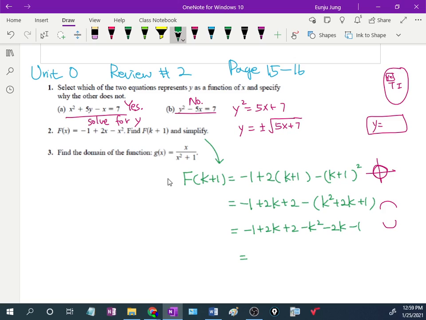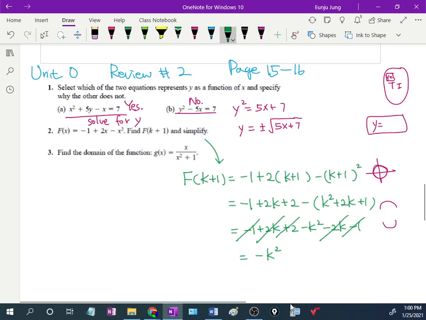Highest power, k squared, and then this is canceled out. Negative 1 together with positive 1, and negative 2k with positive 2k, all together make nothing. That is the term left, the simplest form. So we are practicing how to simplify algebraic expressions with order of operations: power first, then the distributive property, and then we add them.